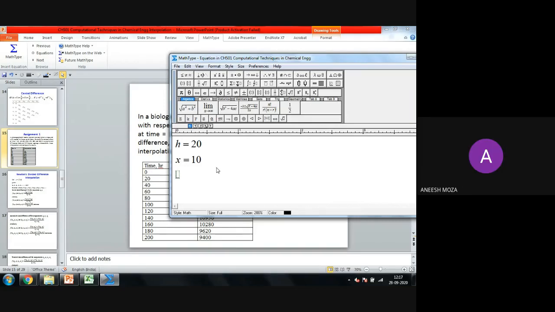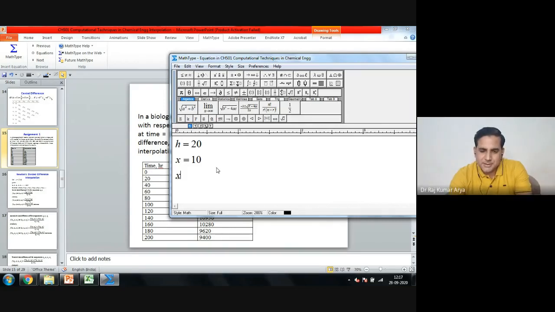Now you have x naught plus alpha h should be equal to your x only, because you are going to x only now. So the expression for x is x naught plus alpha h equal to x. You know x naught. How much is x naught?